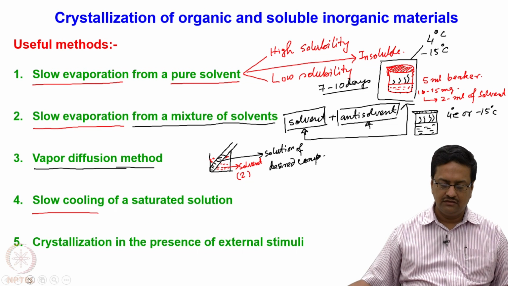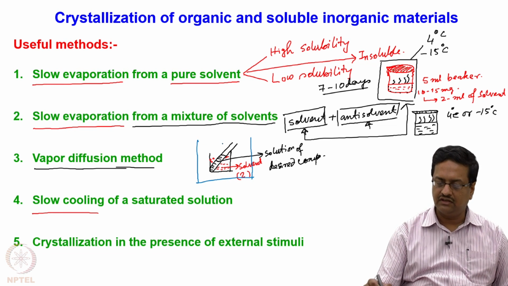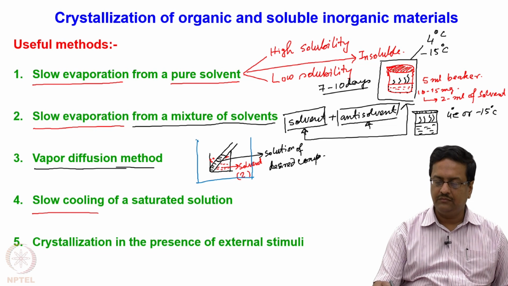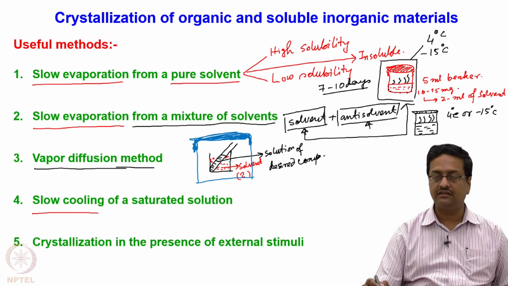Then we isolate the entire system in a closed container, maybe we place it in a larger beaker and cover the top with paraffin film completely and do not allow any hole so that the solvent mixture does not evaporate.